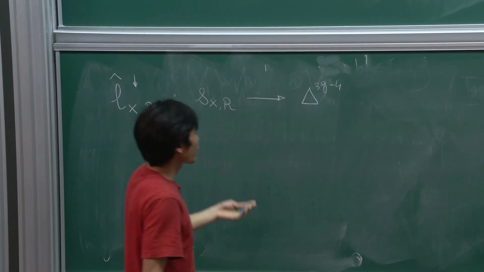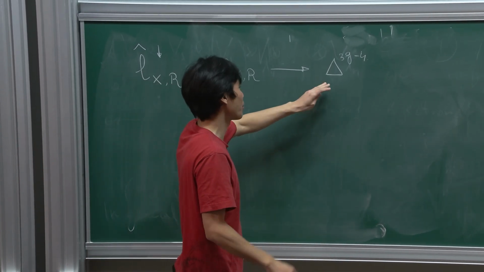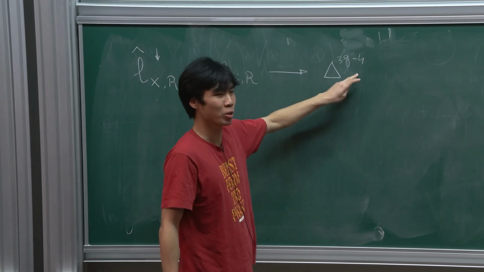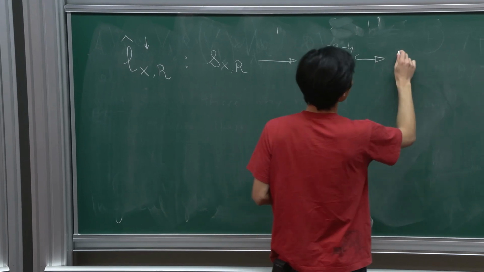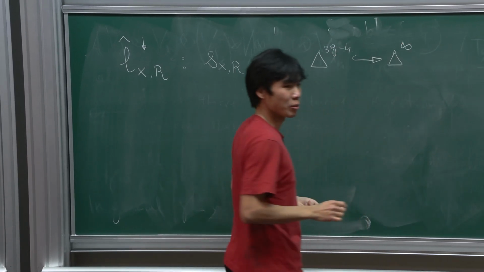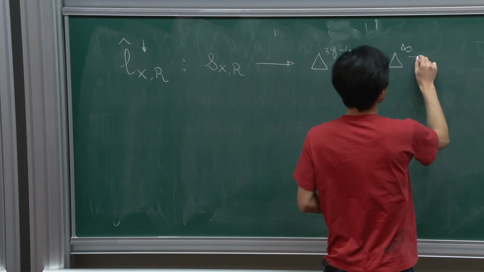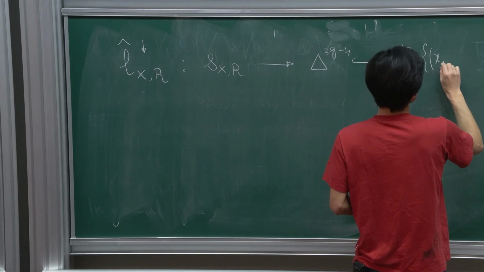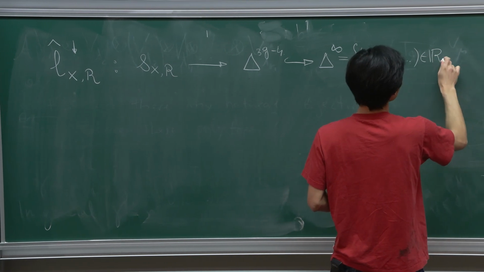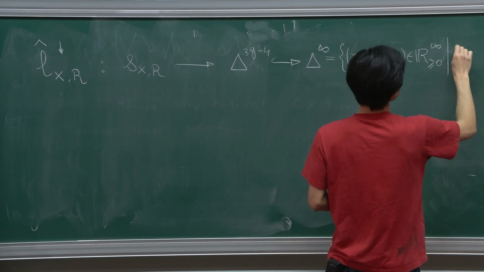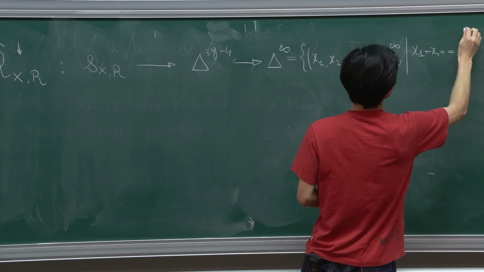But actually we want to put everything together, but the problem is that when you change the genus, this one will change. But you have a canonical choice, which is to embed everything in an infinite dimension, which is the space of sequences such that the sum converges and is equal to 1.